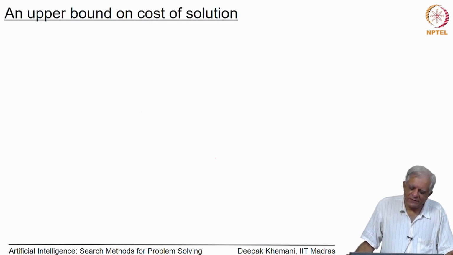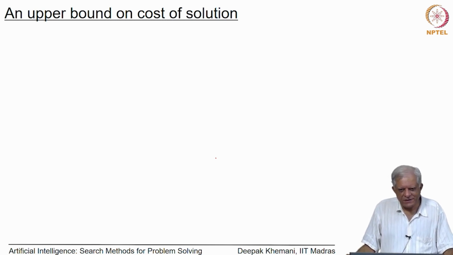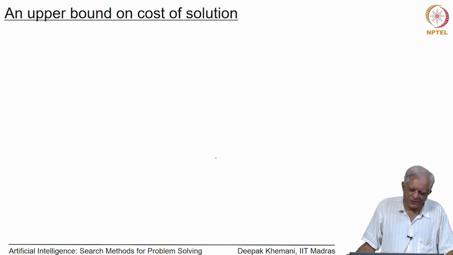Now, given this beam search, we can find an upper bound on the cost of the solution. We already know a lower bound on the cost of the solution. In fact, the lower bound is the optimal value, since the solution can't be less than the optimal value. Now, we are talking about an upper bound, and this is for the purpose of controlling our search to not go into regions which are going to be too expensive.